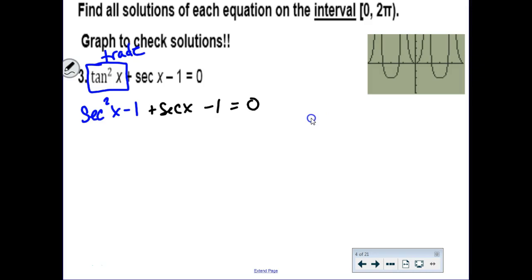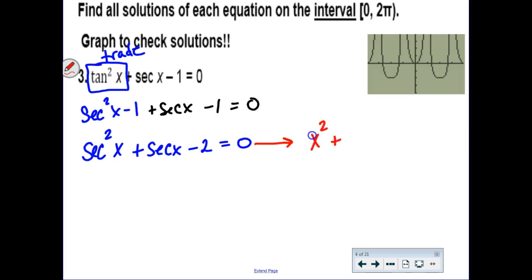So I'm looking through the equation. We've got a secant squared, a secant, and some constants. So this is just like that last question where it's like a polynomial. We're going to have to factor it. In standard form order, secant squared comes first, and then plus secant. And when you combine the negative 1 and the negative 1, you have a negative 2. So I'm going to take a little side problem over here. The cousin to that question would just be x squared plus x minus 2.